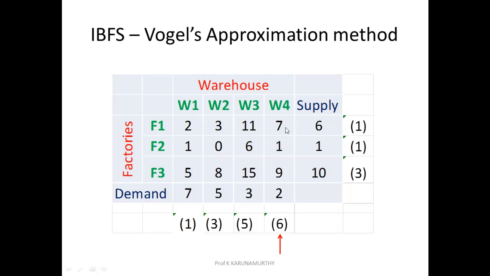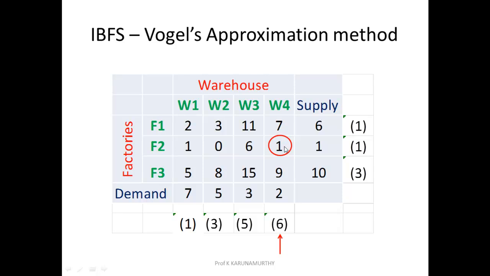So to make the allocation, now we have to select in this column number 4, which is having the minimum transportation cost. So in column number 4, if you see here, this is 7, this is 1 and this is 9. So the minimum transportation cost is corresponding to this cell. So this cell is corresponding to factory number 2 and destination is warehouse number 4. So we are going to make the allocation for this cell.